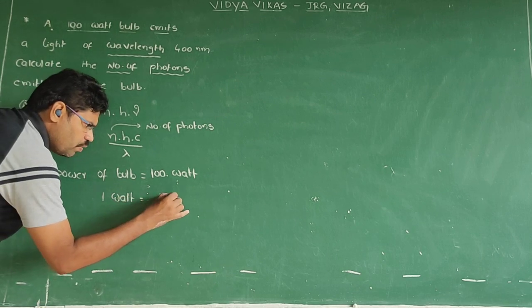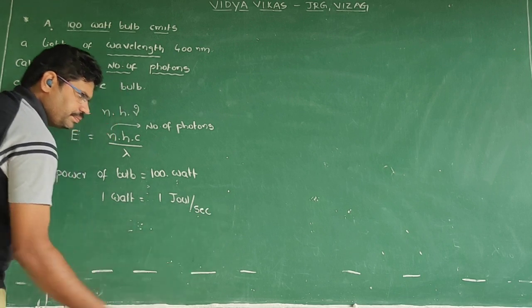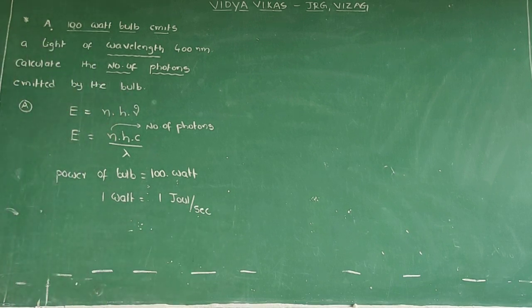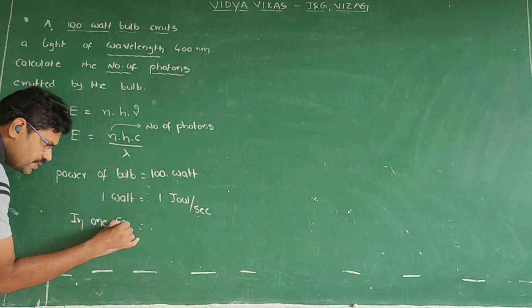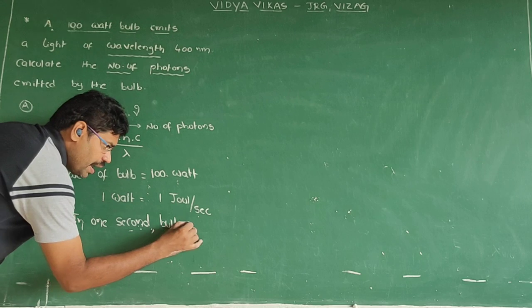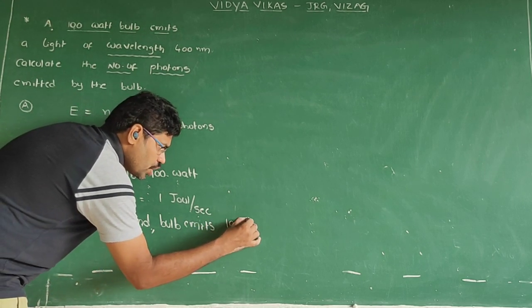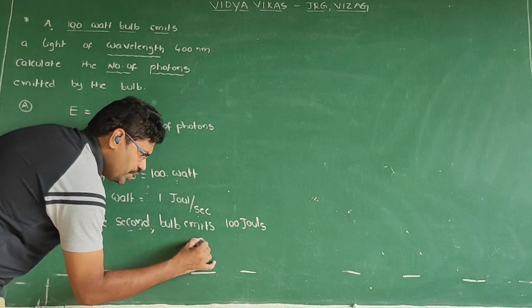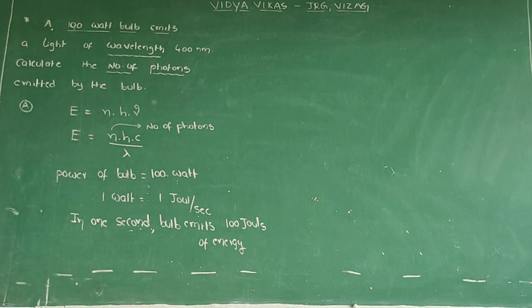Here, students, 1 watt is nothing but 1 joule per second. Means in 1 second, dear students, the bulb emits 100 joules of energy. Keep in mind. So this is a very, very important aspect.